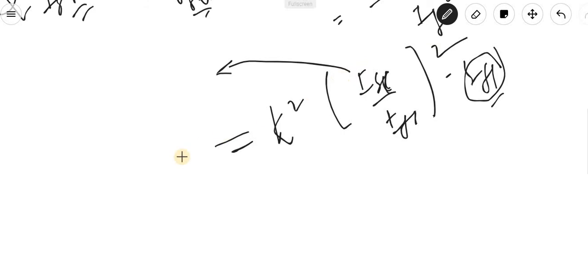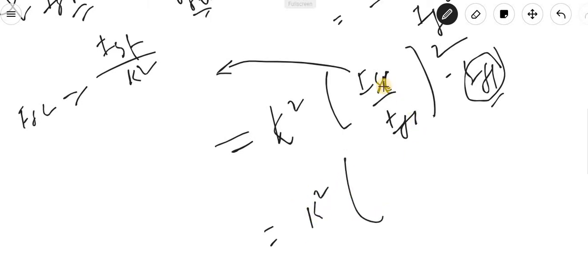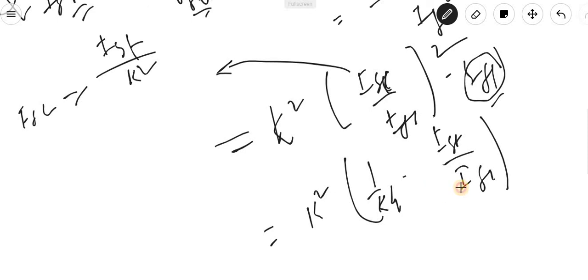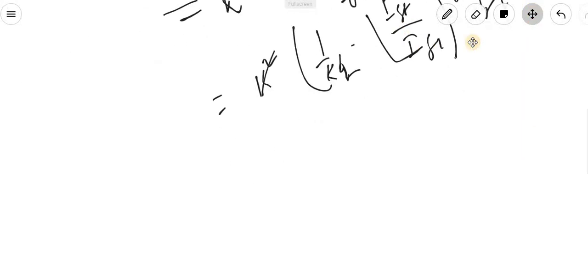Now in terms of starting current, if we replace ISC with I starting divided by K square, we get K to the power 4 times I starting and IFL square, so square 2 times SFL is available.